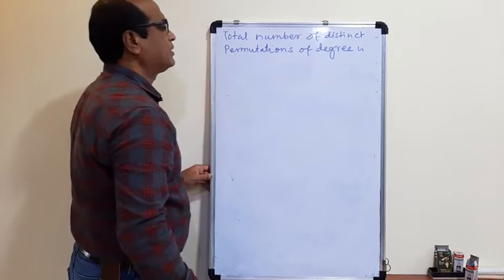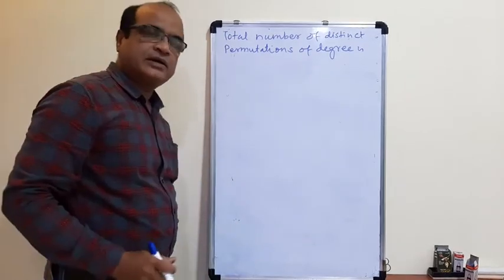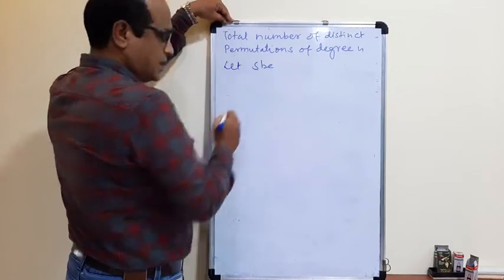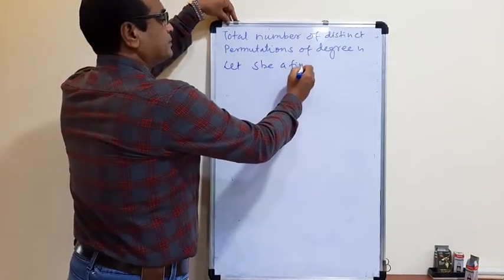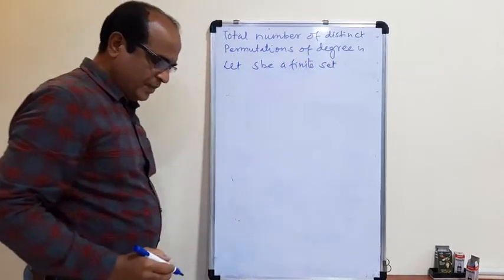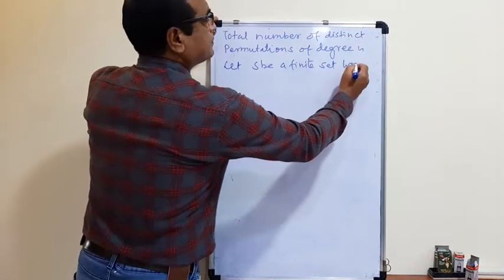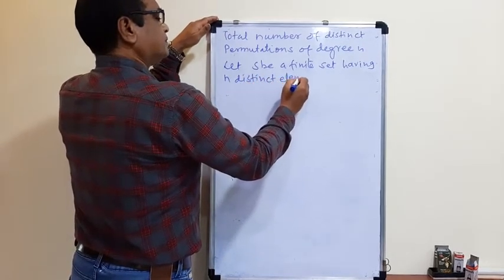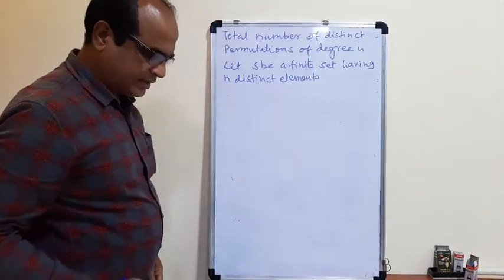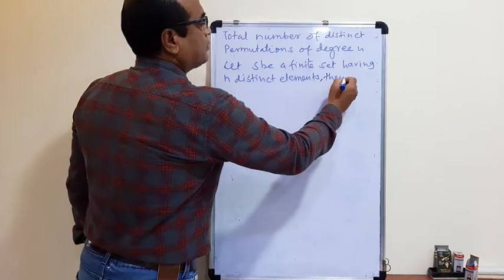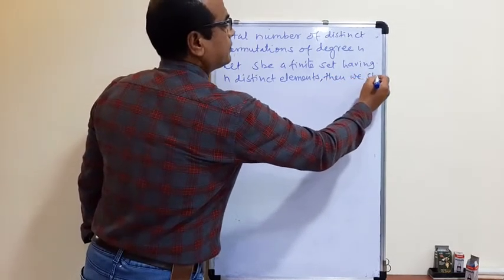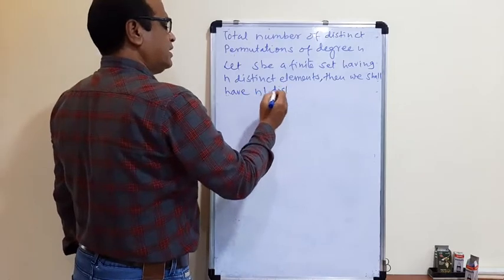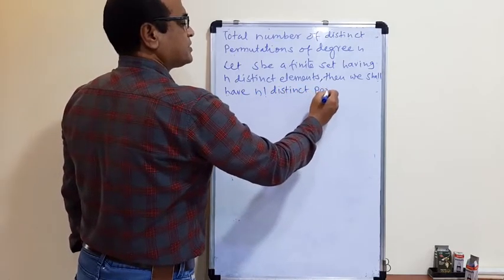Let S be a finite set having n distinct elements, then we shall have n factorial distinct permutations.